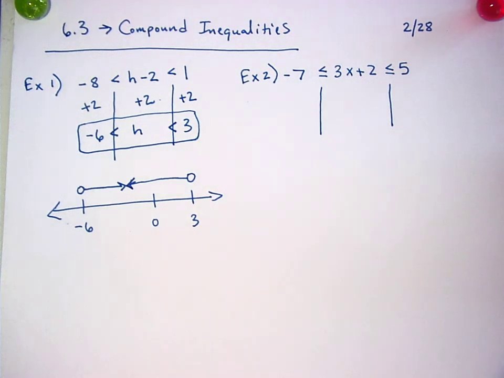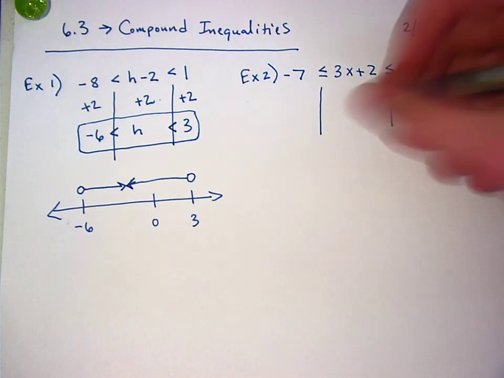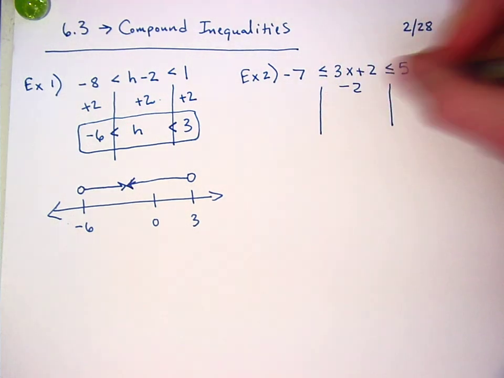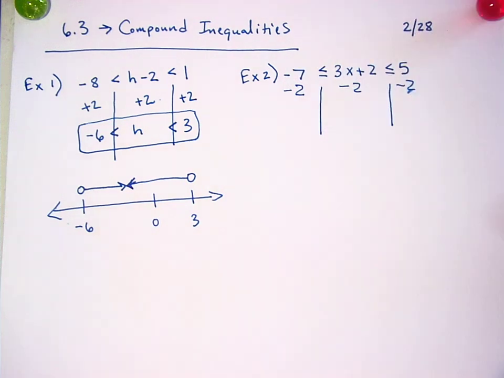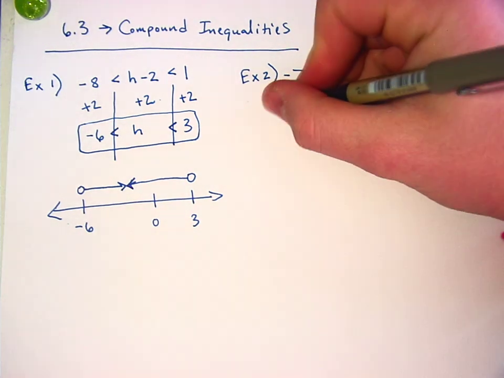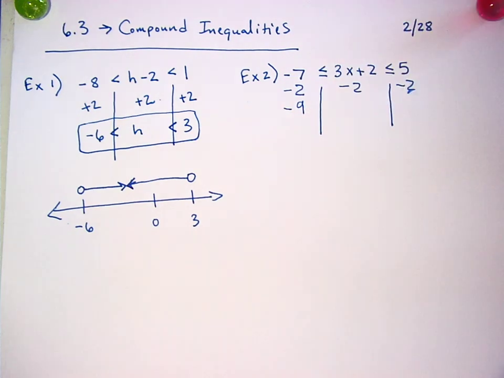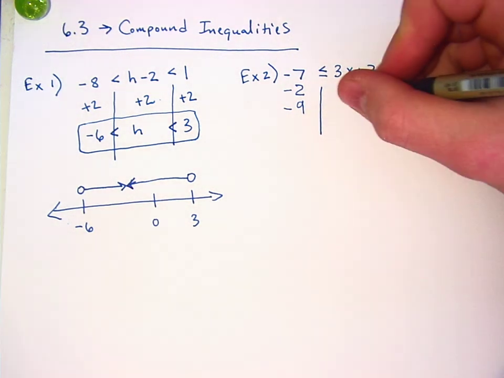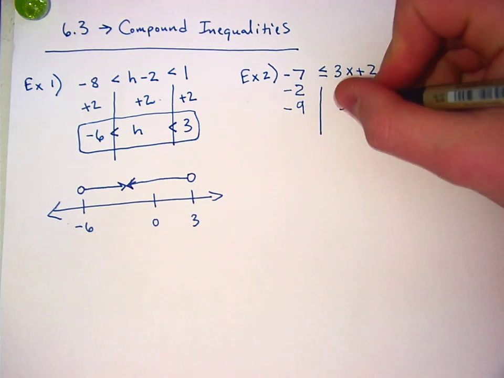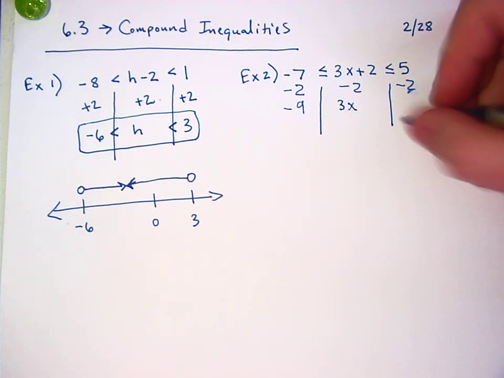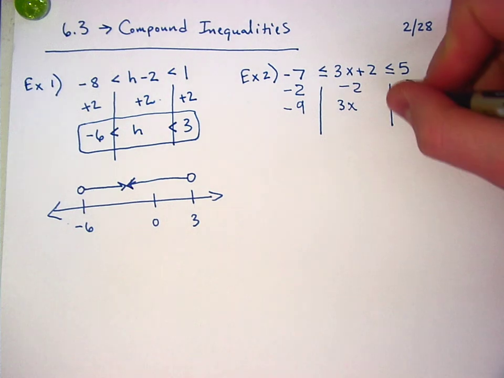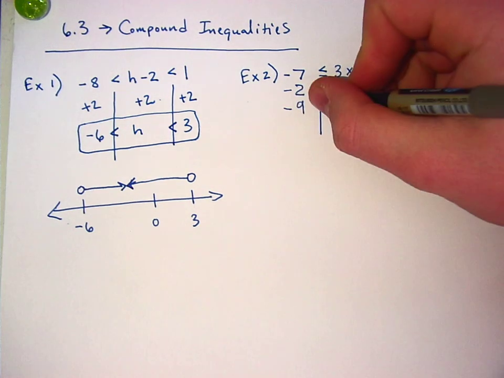What we're going to start off with is we're going to subtract 2 in the middle, and then on both sides. And then for -7, you'll get -9. And then it's 3x in the middle, and then it's 3 on the right side. And then you divide 3 on every single side.